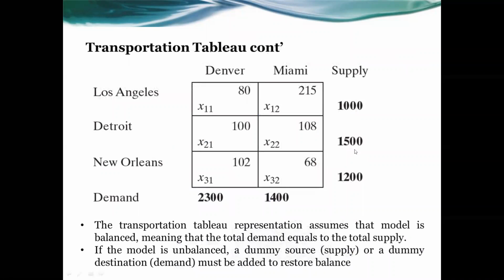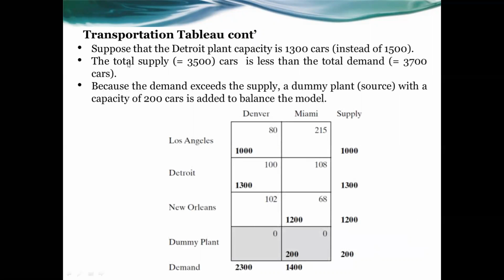Earlier it was 1,500, now we are reducing it to 1,300. So now the total supply equals 3,500 and our demand is still 3,700. It doesn't change, but on the supply side we are making a slight amendment.